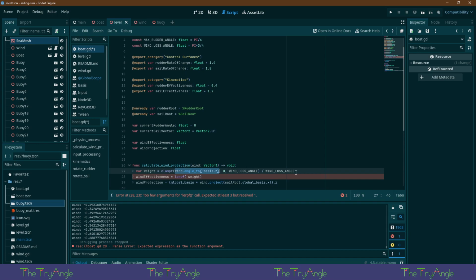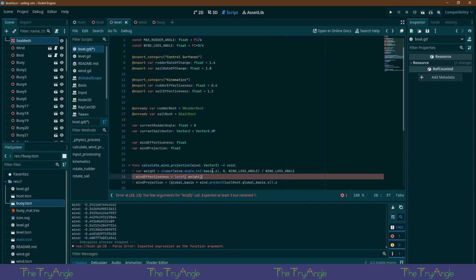But we want to clamp it between 0 and the wind loss angle. Wind loss angle is when it's going to be maxed.